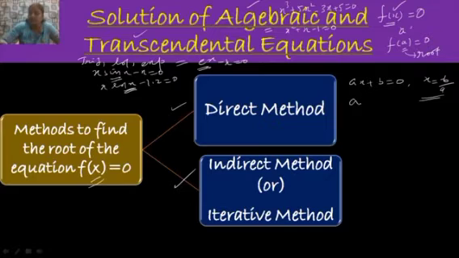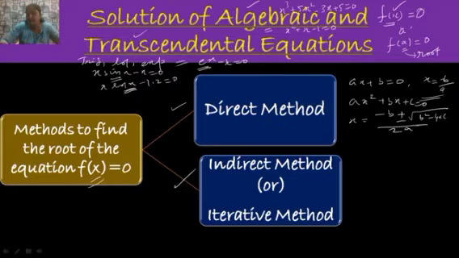And for a quadratic equation ax square plus bx plus c equal to 0, you know the roots of the equation, isn't it? That is, using the formula x is equal to minus b plus or minus root of b square minus 4ac by 2a, you get the two roots of this equation. For a cubic equation too, ax cube plus bx square plus cx plus d equal to 0, some analytical methods are available to find the root of the equation.